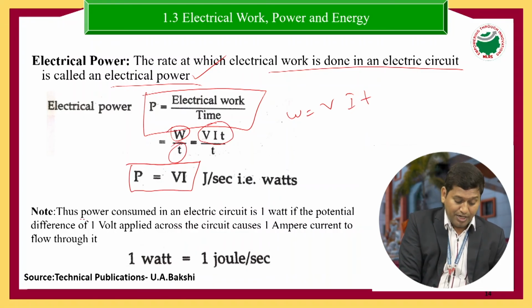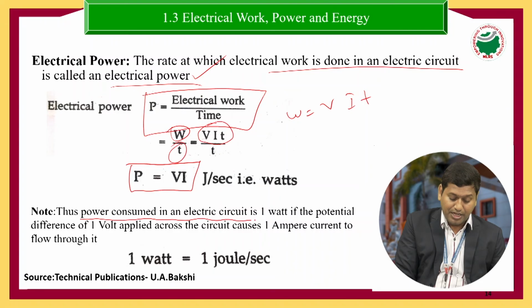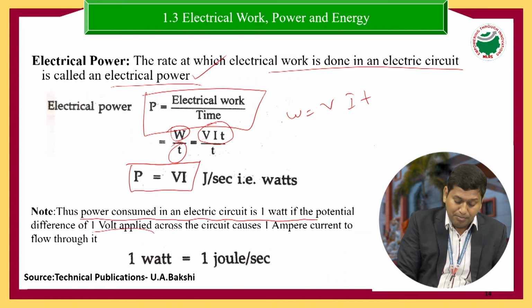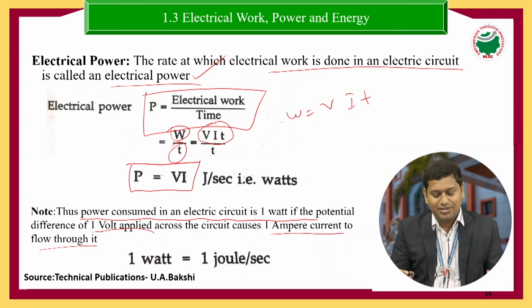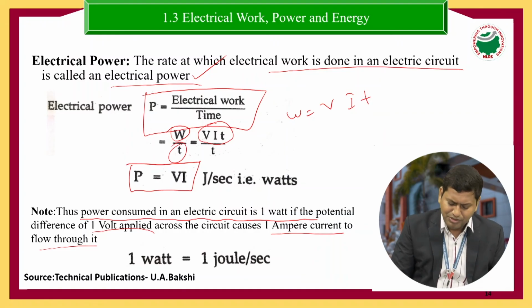Next, point to be noted here. Thus, the power consumed in an electric circuit is what? If a potential difference of 1 volt is applied across the circuit and 1 ampere current flows through it, the power consumed is 1 watt.